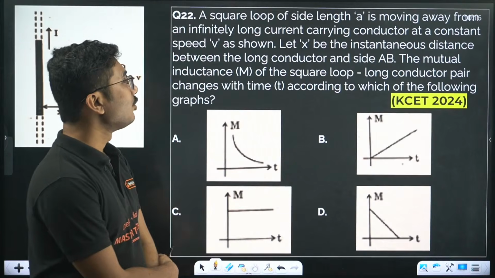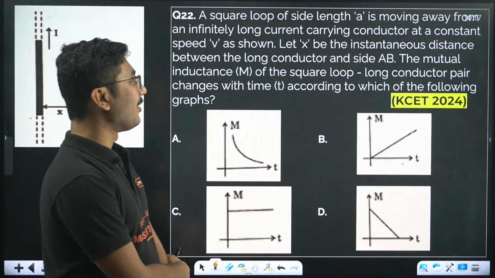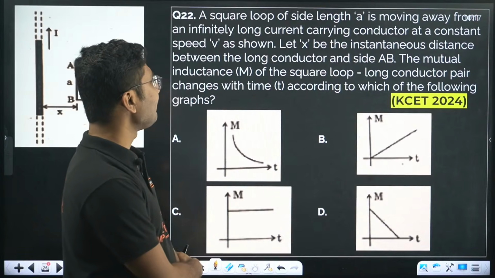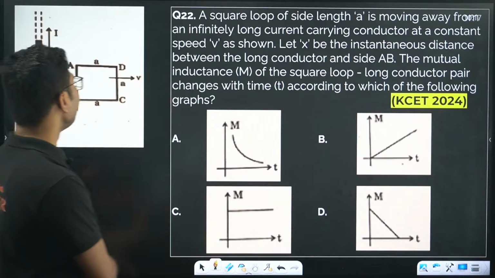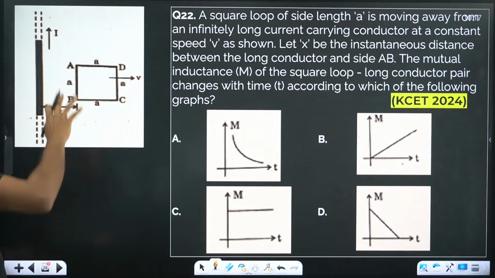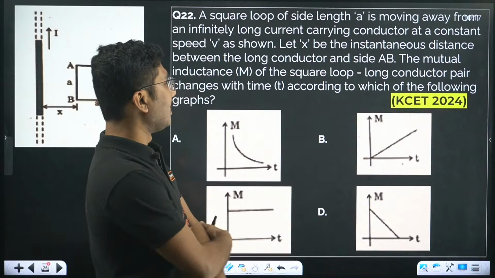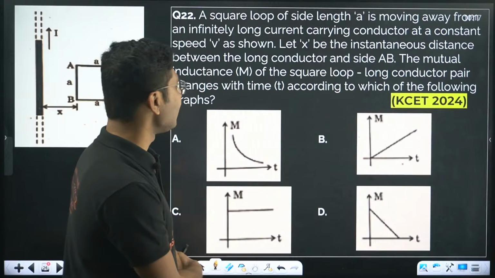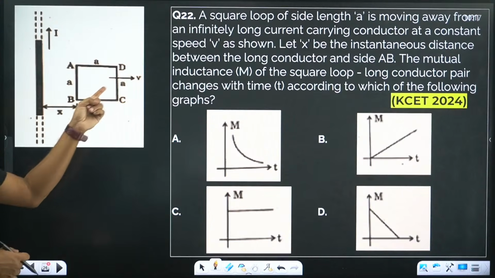A square loop of side length A is moving away from an infinitely long current carrying conductor at a constant speed V as shown over here. So here we have a current carrying loop which is slowly moving away from the current carrying wire. Let x be the instantaneous distance between the long wire and the loop.